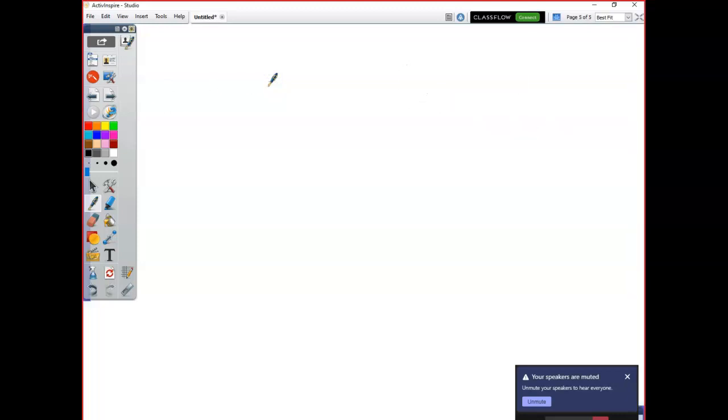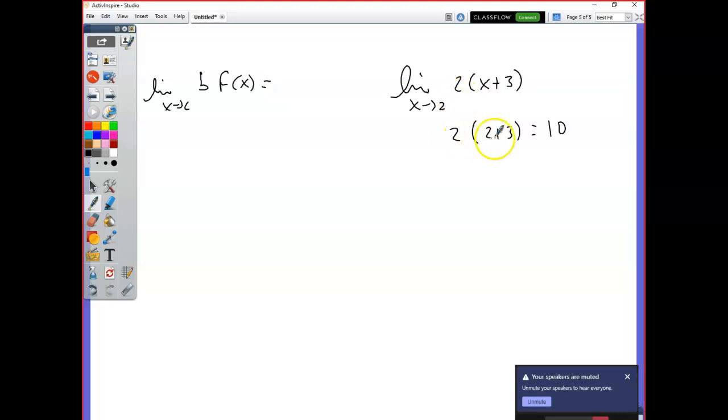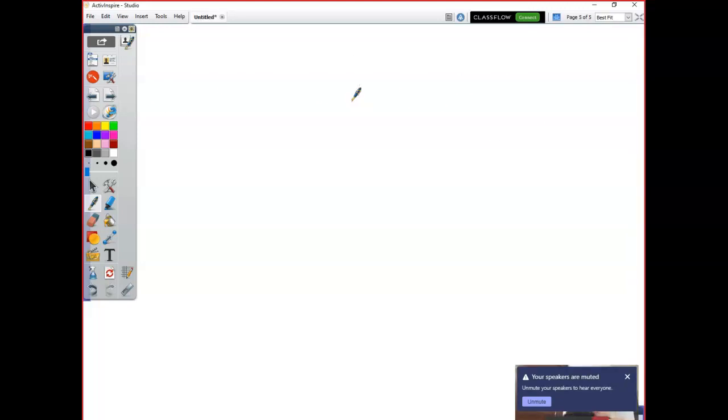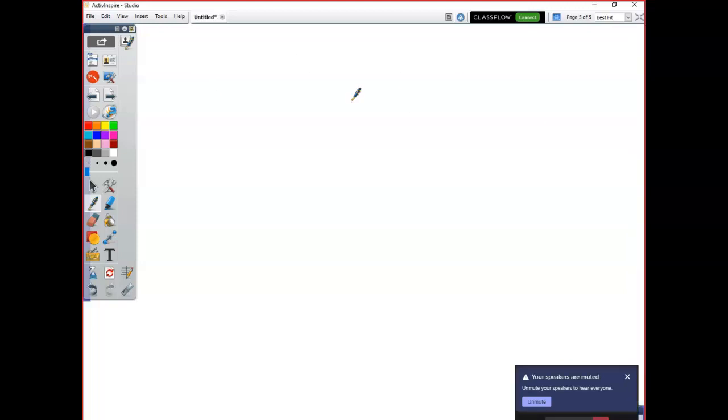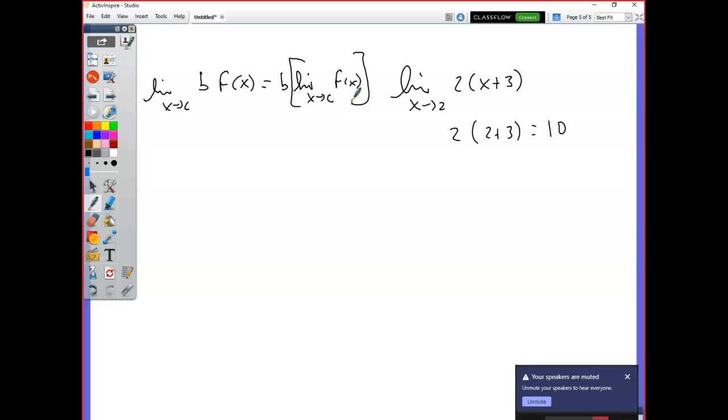Can having a 2 outside do anything other than multiply the whole thing by 2 when you got done? No. So this is equivalent to b times the limit as x approaches c of f of x. This being the part you took the limit of.